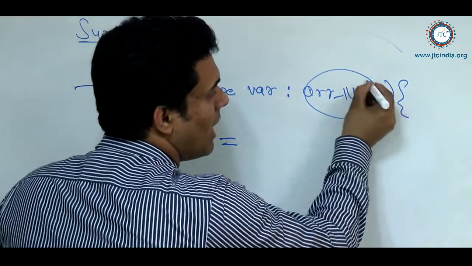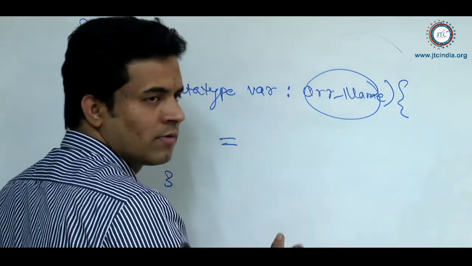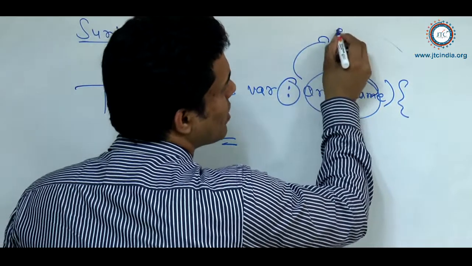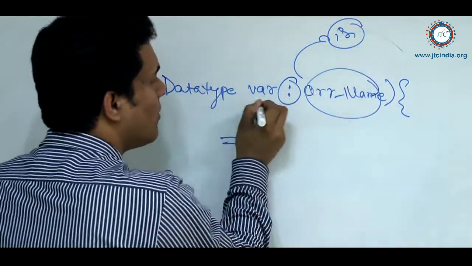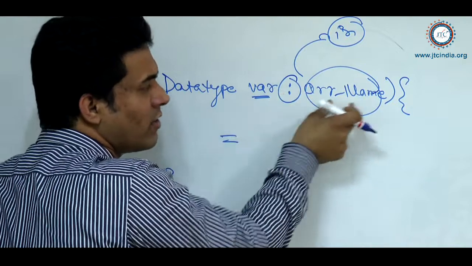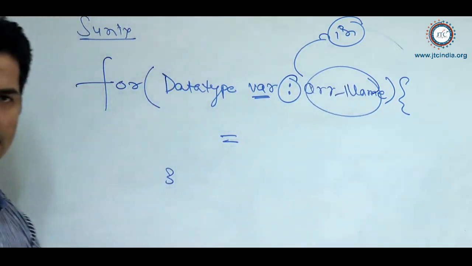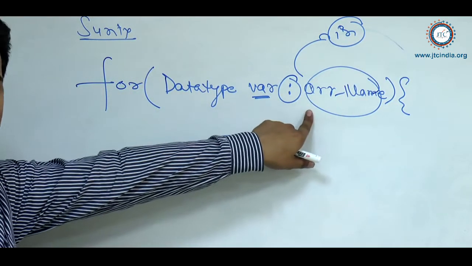This is the name of the array we need to traverse. The colon represents in, and the variable has to traverse on this array.